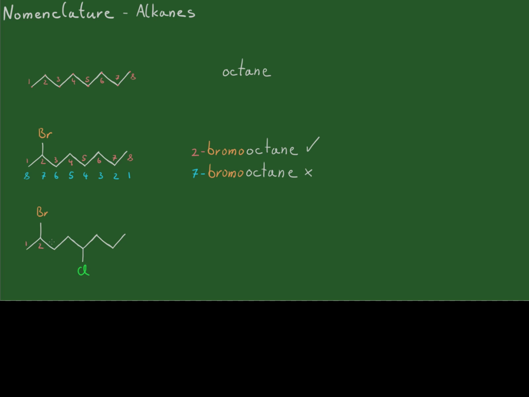We are going to number the carbons as we have done before. And then we can say that carbon number 2 has a bromo substituent, same as before. So we are dealing with 2-bromo. Carbon number 5 has a chloro substituent.